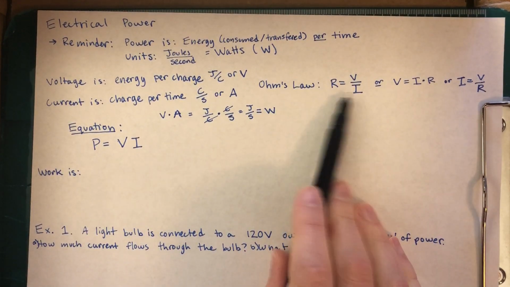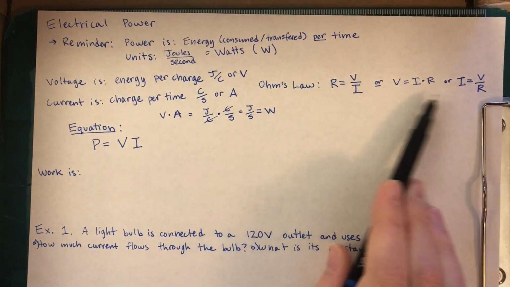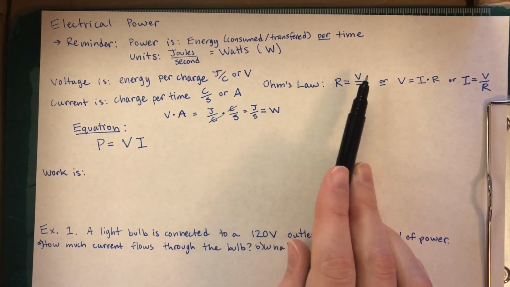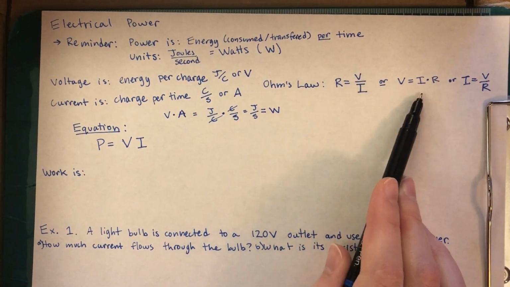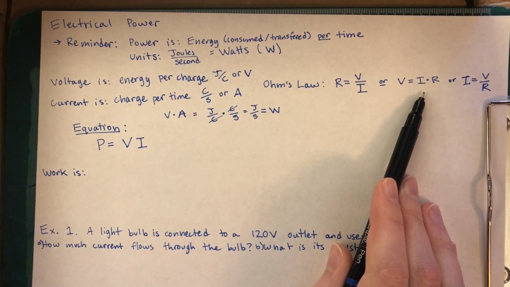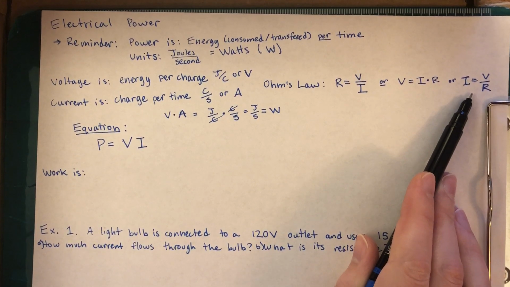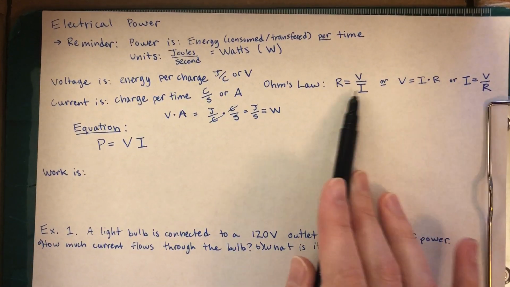No, okay, good. So any of these three equations are just a different way to write Ohm's law. They're this same relationship, R equals V over I. To get from this one to this one, we just multiplied both sides of the equation by I. To get from here to here, we divided both sides of the equation by R. But these three statements are the same relationship.